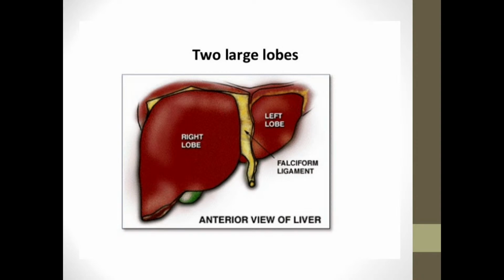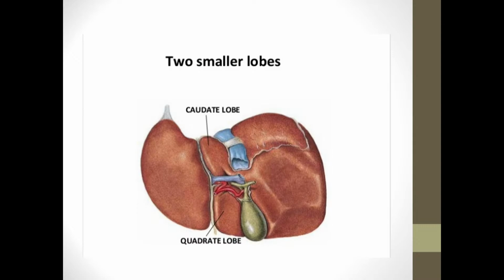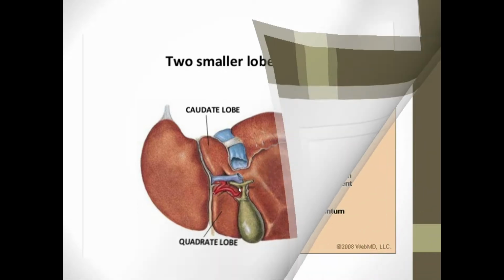The liver has 2 large lobes and 2 small lobes. What are the large lobes? The right lobe and the left lobe. And the 2 small lobes are the caudate lobe and quadrate lobe. 2 large and 2 small lobes.